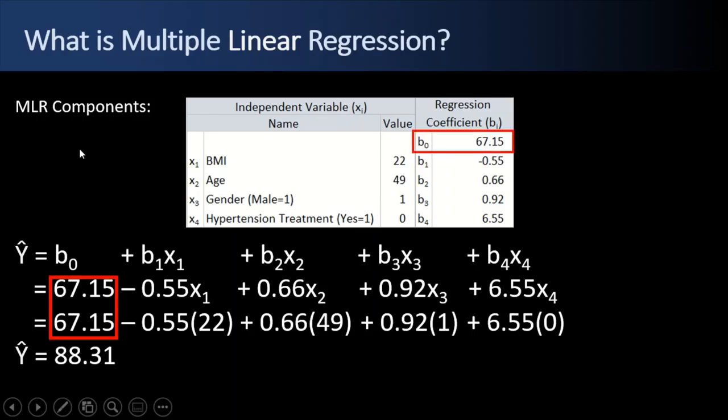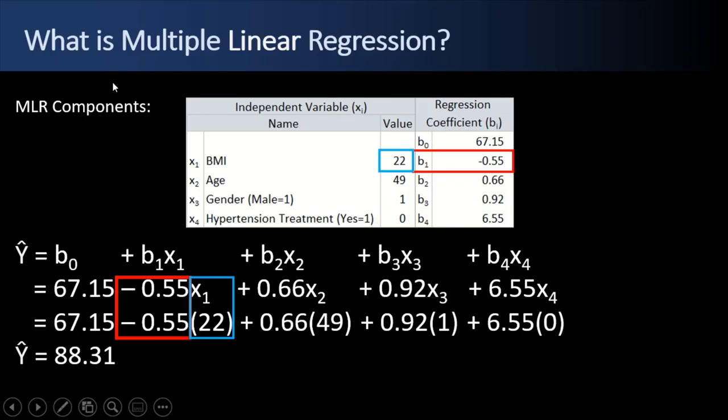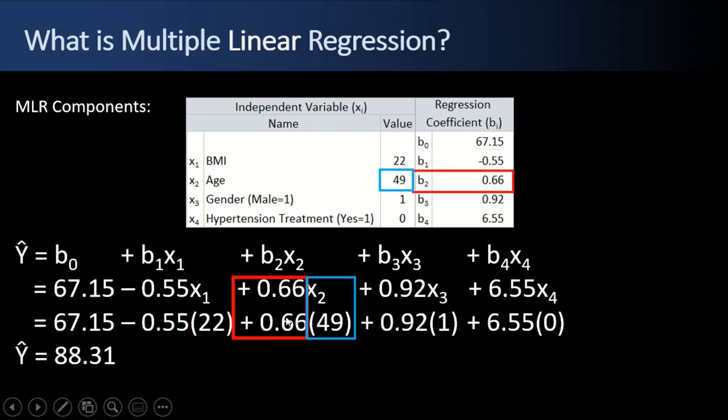B0, our y-intercept. We just plunk that value in. B1, our coefficient, negative 0.55 from the MLR analysis that we've done with training data. We just plunk that negative 0.55 in, and then whatever our patient's body mass index is, we plunk that in, 22. And so on.